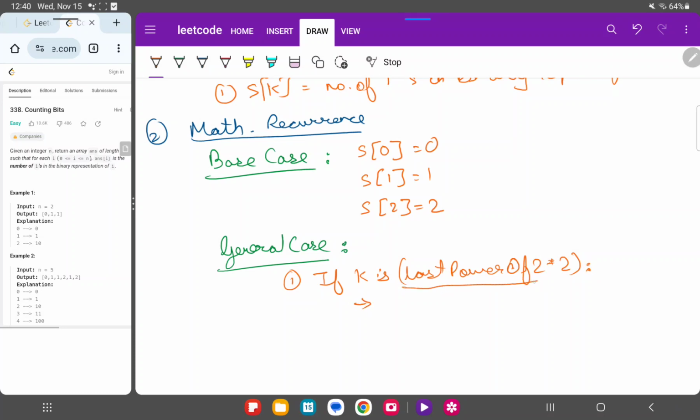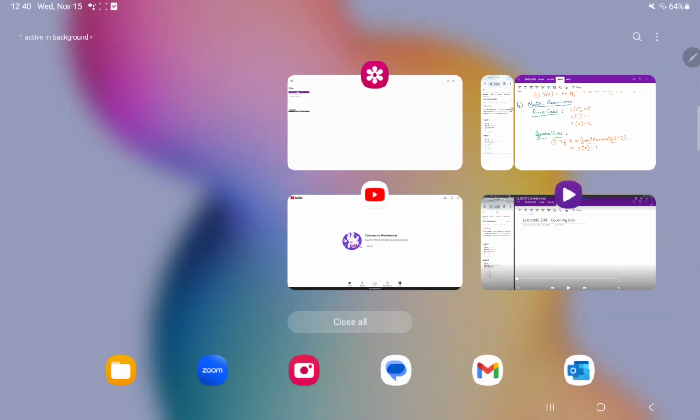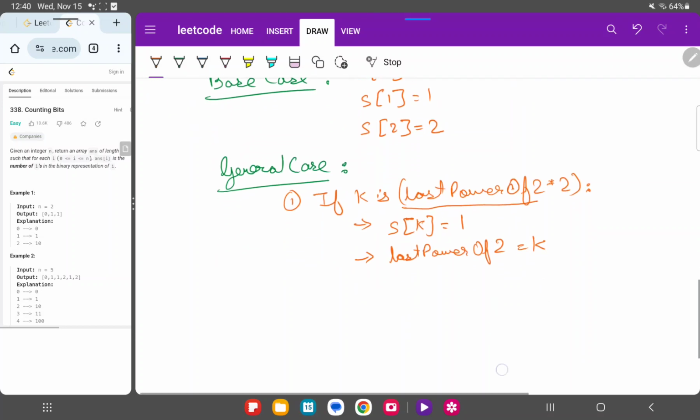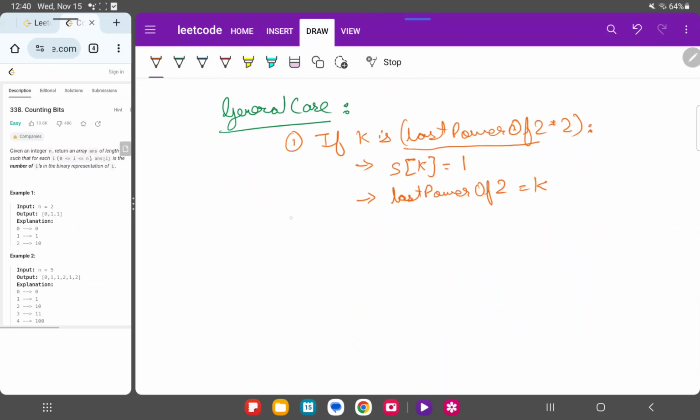This is to keep track of what was the last power of 2 used. Any proper power of 2 would always have number of ones in it as 1, and you just update it to the new power of 2 for further calculations. Since k is the new power, we update this value.